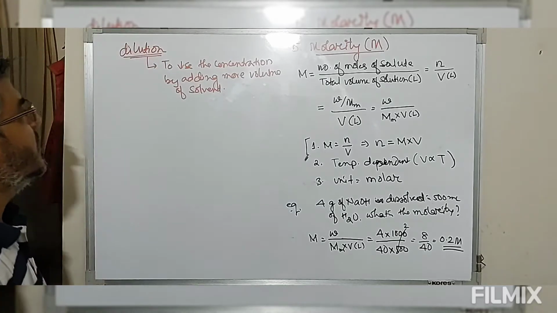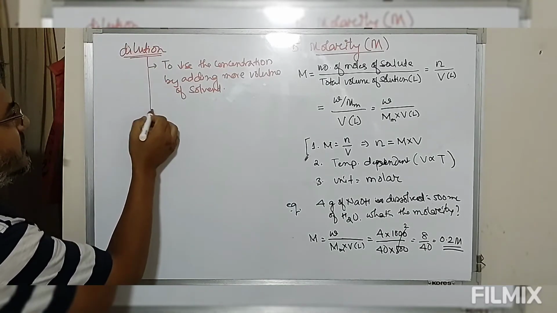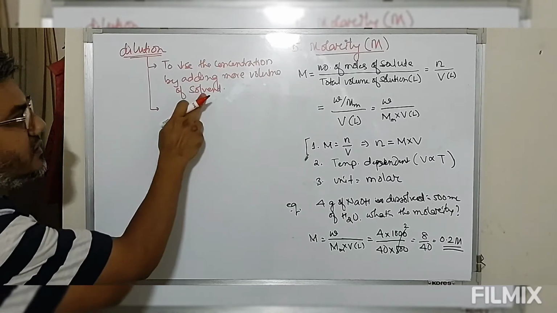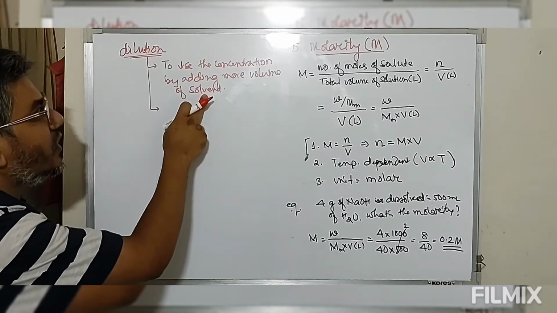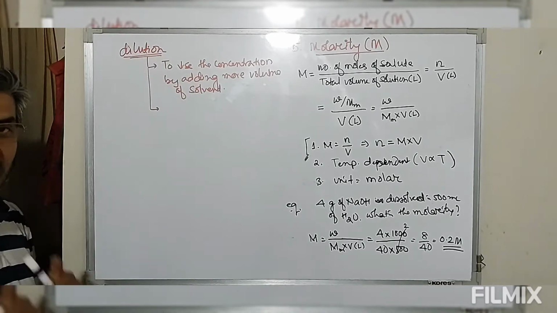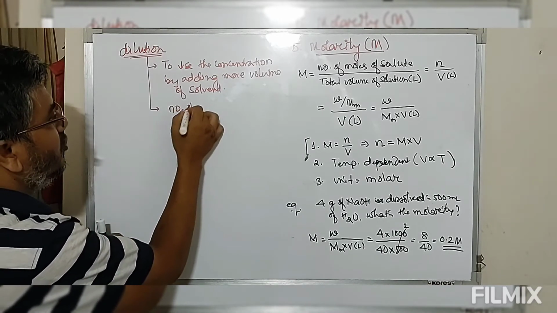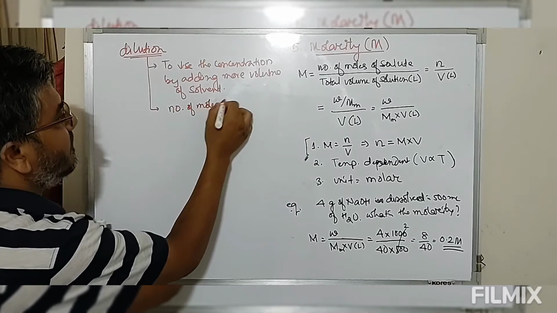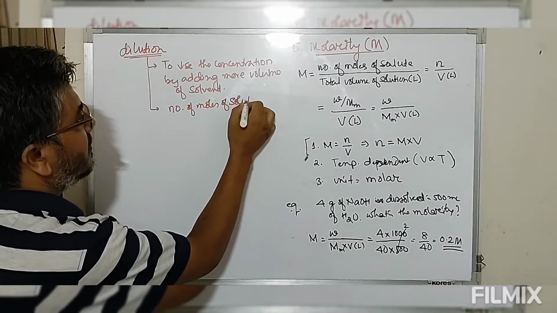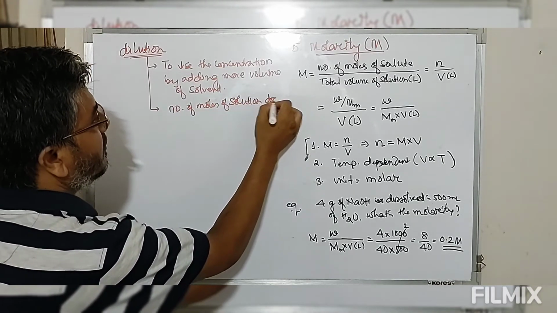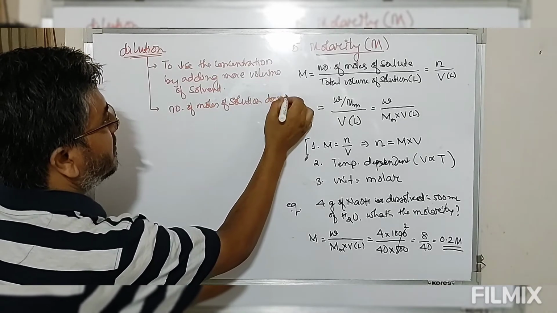Now look at this. During dilution, we are increasing the volume of solvent without changing the quantity of solute. So the number of moles of solute does not change.